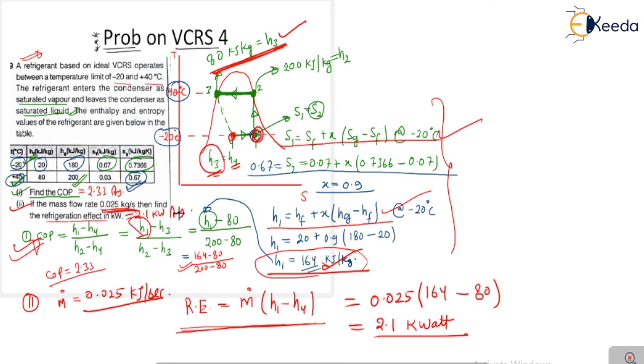Just like that, when the mass flow rate is also given, we easily calculate our refrigeration effect. So by this way we can solve any type of question.